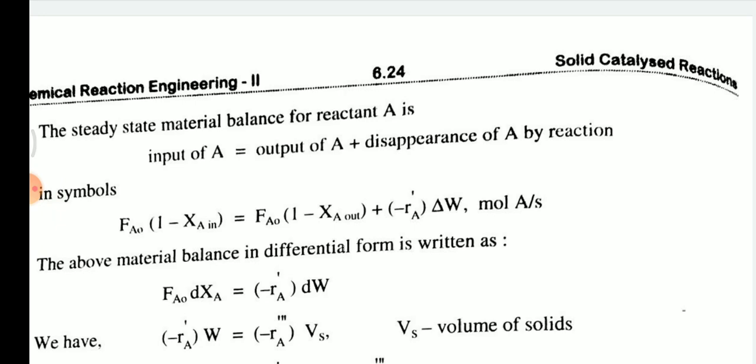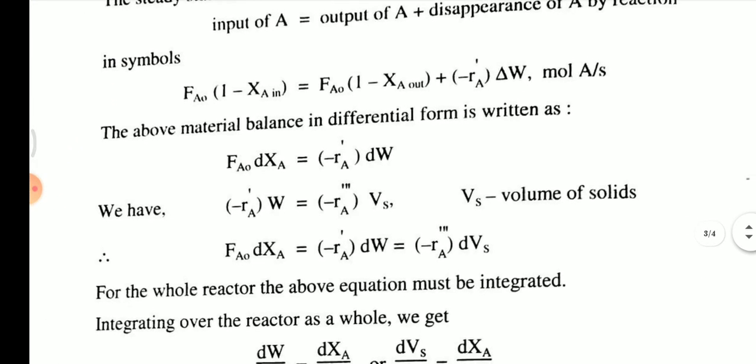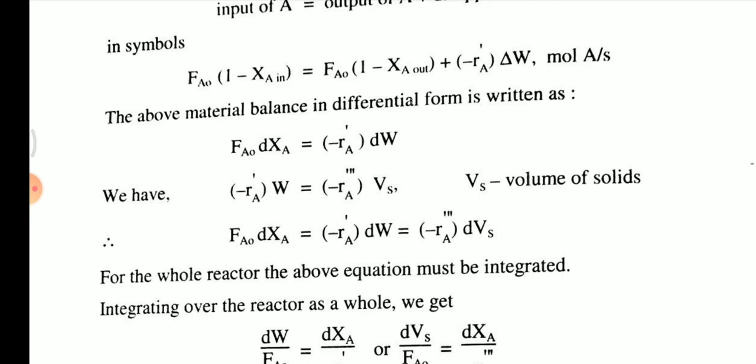So the above material balance in differential form is written as Fa0 into dxa equal to minus Ra dash into dw. Simply, we multiply Fa0 in the bracket, so the remaining term is Fa0 into dxa.